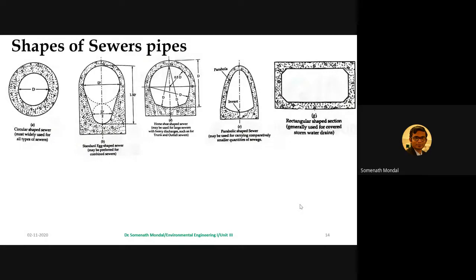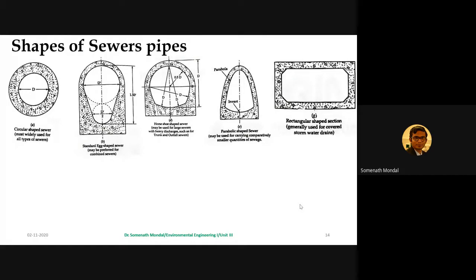Next is horseshoe shaped sewers. These types of sewers are usually used for large sewers where you have higher discharge, and mostly for trunk and outfall sewers also. So when the discharge is high, these types of sewers are preferred compared to the circular shaped sewers.